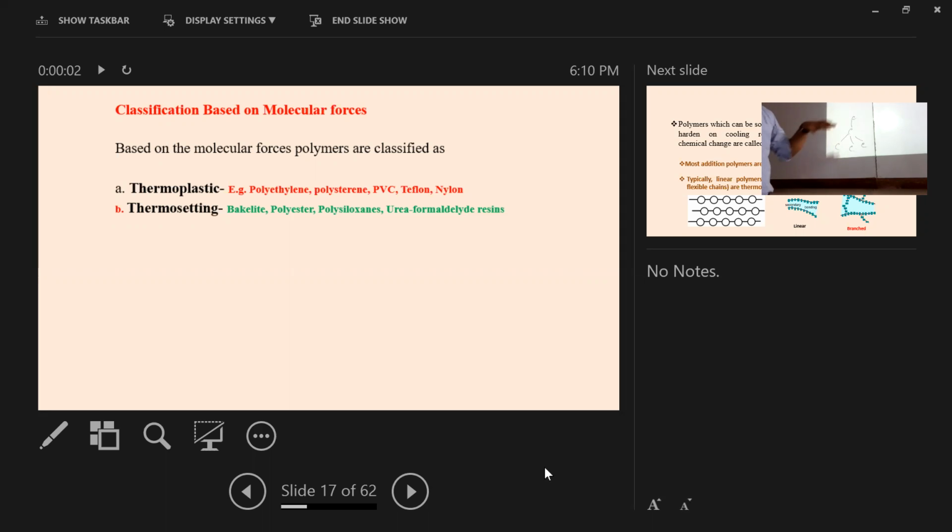But graphite has a layered structure something like this. When you write with your pencil, you are putting some of your graphite on the paper so that it makes the line.